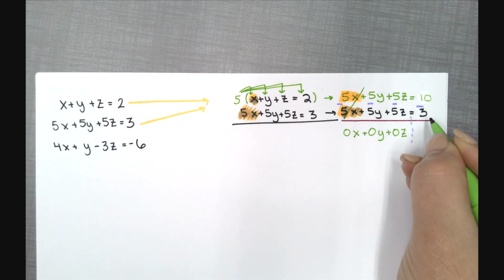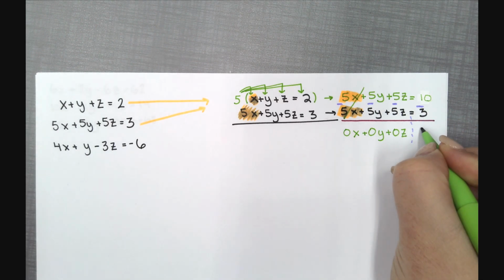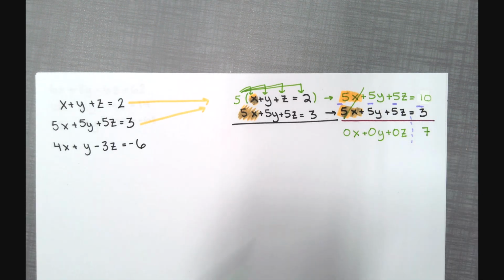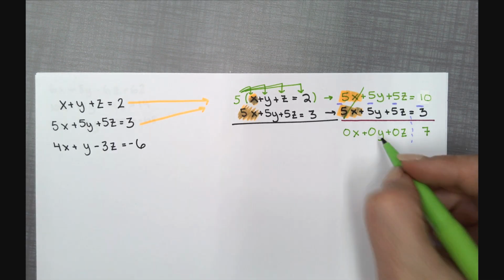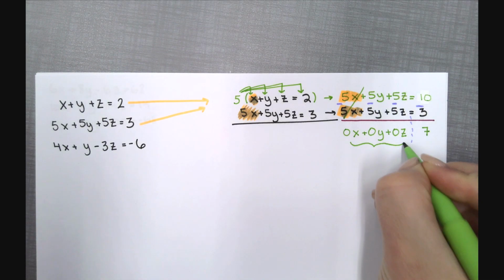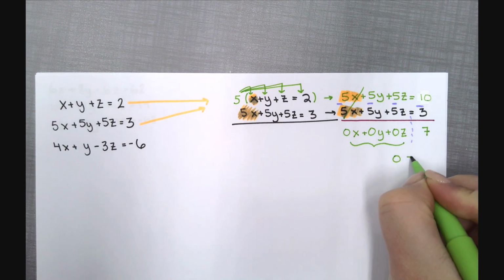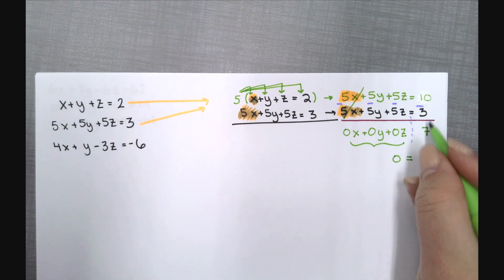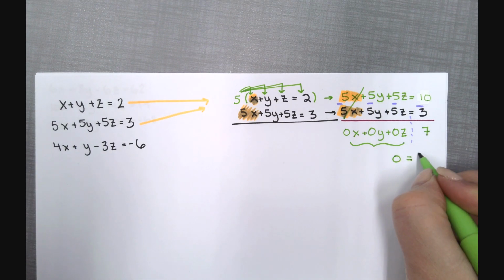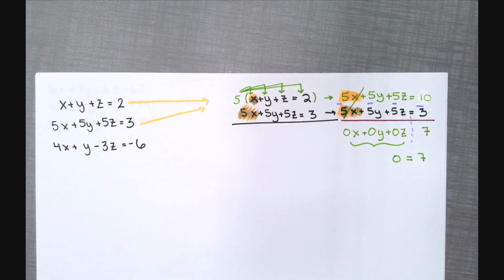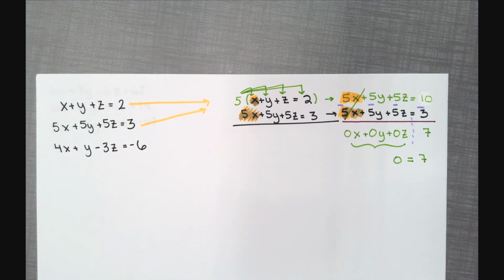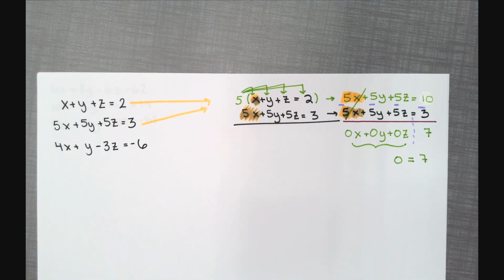10 minus 3 is 7. Now, if you notice here, I do have nothing plus nothing plus nothing, which is 0. Dotted line represents an equals. And here I have 7. Does 0 equal 7? No, it does not.